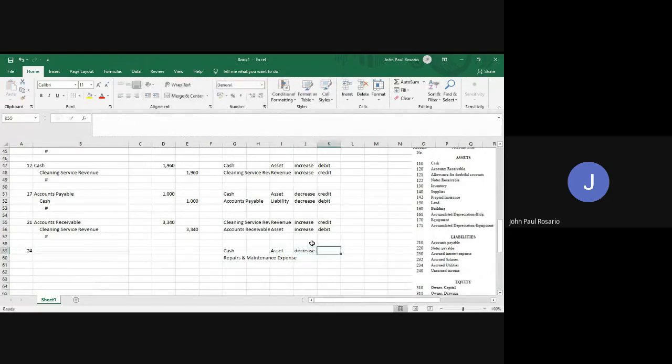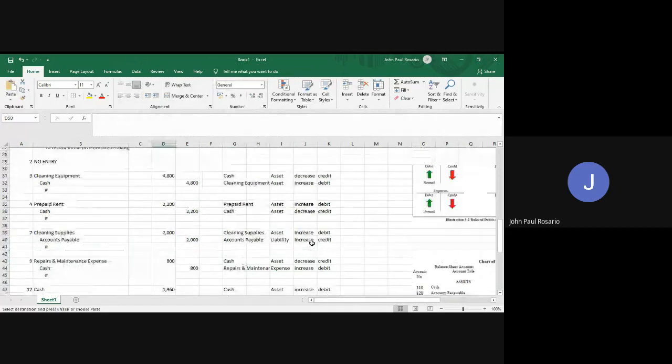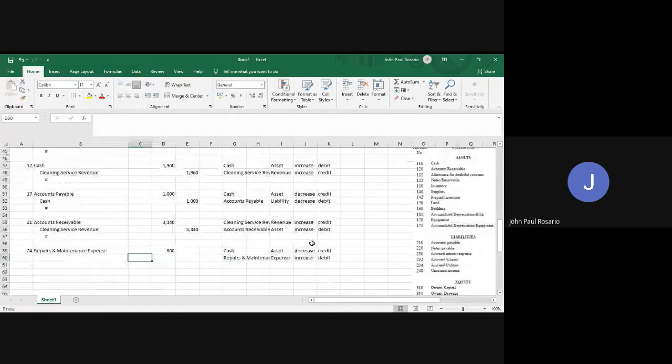And then expense. Midako ang imuhang gastuhon. And then debit. Increase in expense is debit. So there's a maintenance. Pila daw to? 24. 800. And then cash, 800. So, explanation na yun nato to record payment for additional repairs.